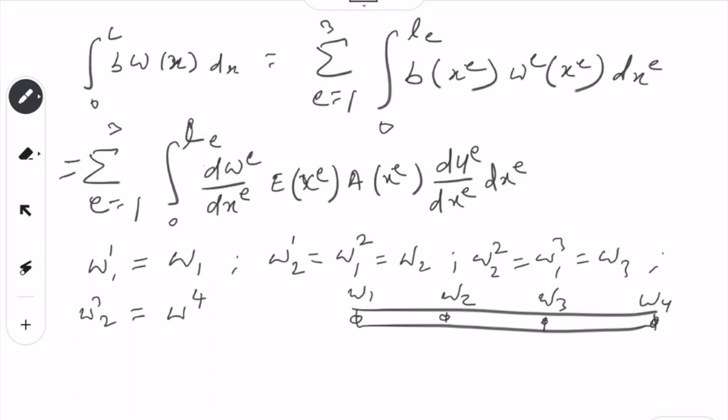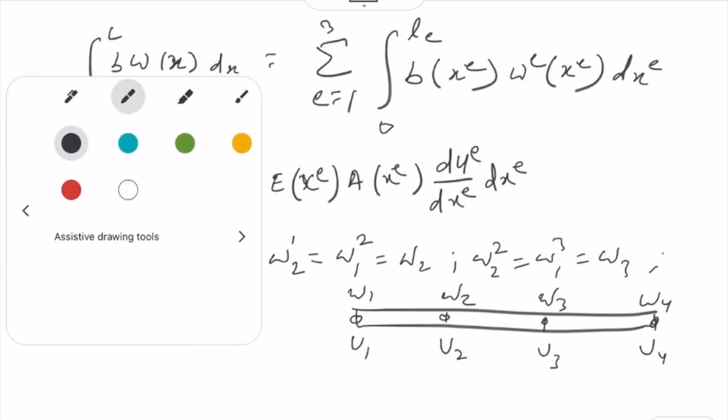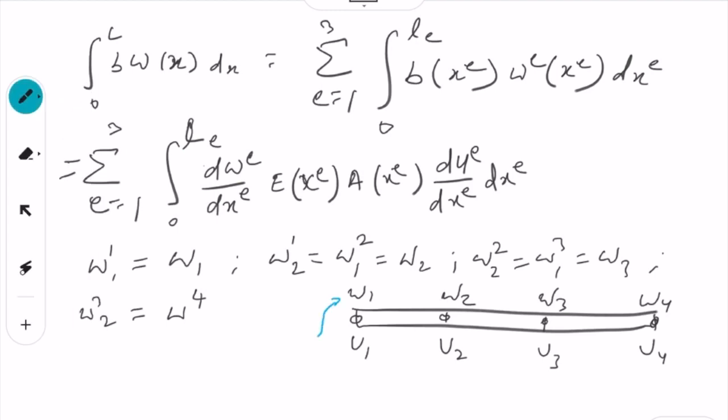And also the U will be U1 here, U2, U3 and U4. So, these two are global, and this one we have the local one. These are the local ones.